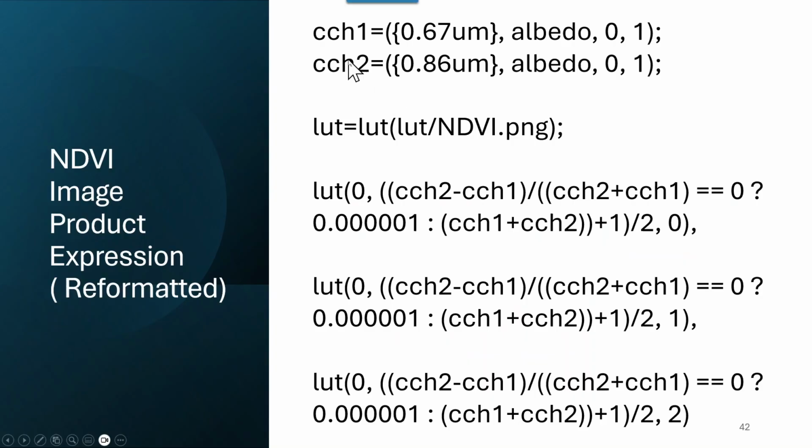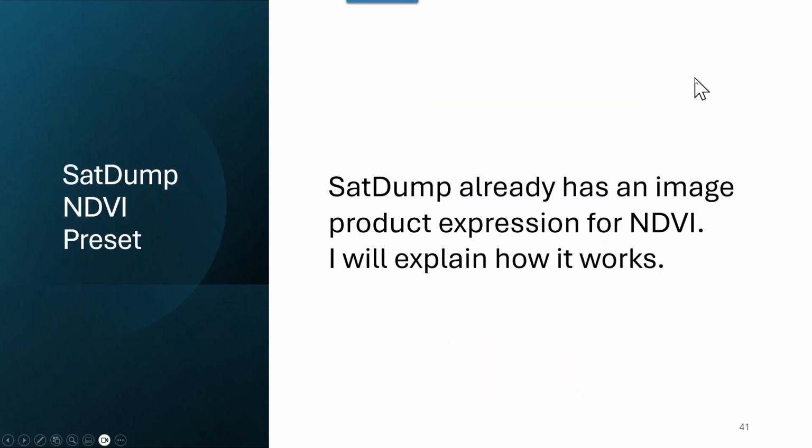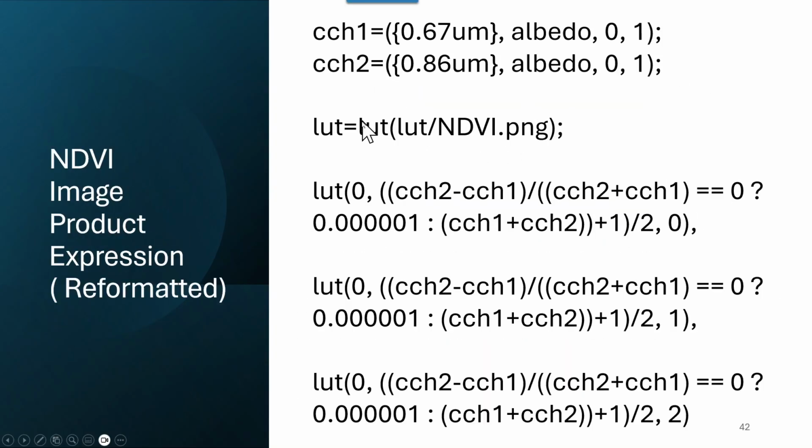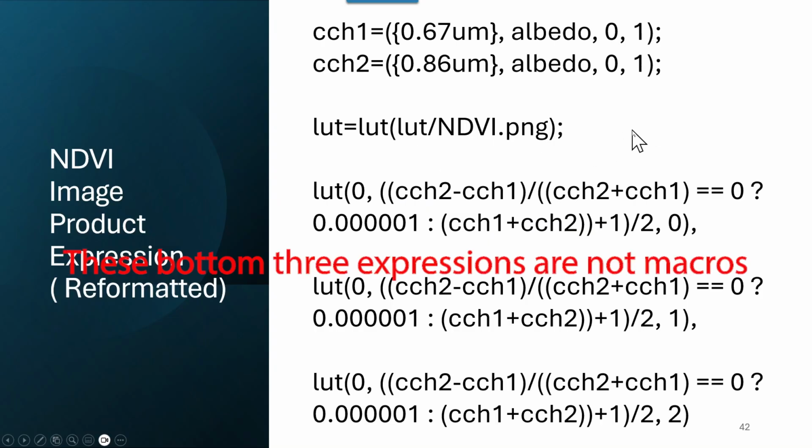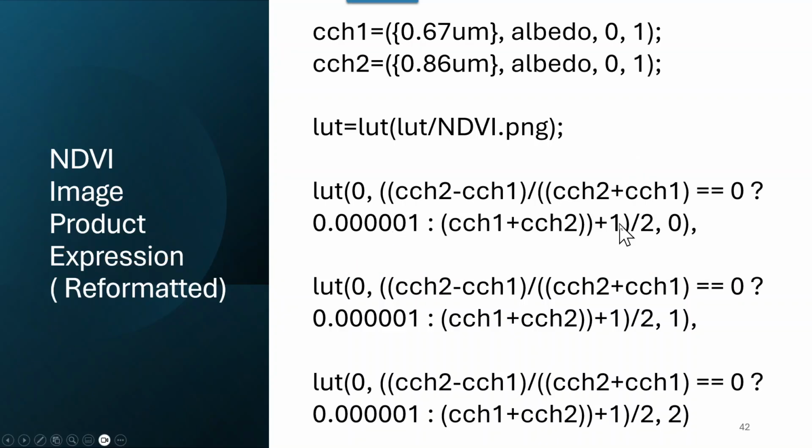So here we're calibrating our channels, and we're specifying the path to the LET, and then we have the red, green, and blue macros. And this one's a little bit different.